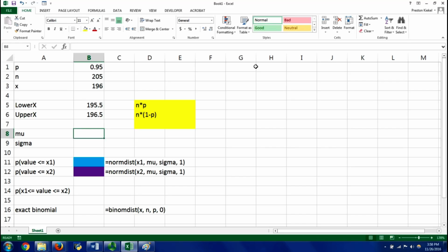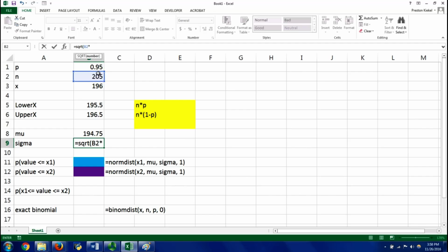Now the mean for our normal approximation to the binomial has to equal n times p. That's the mean we would have for the binomial itself, so that's what we use as mu. And the standard deviation is equal to the square root of n times p times q.